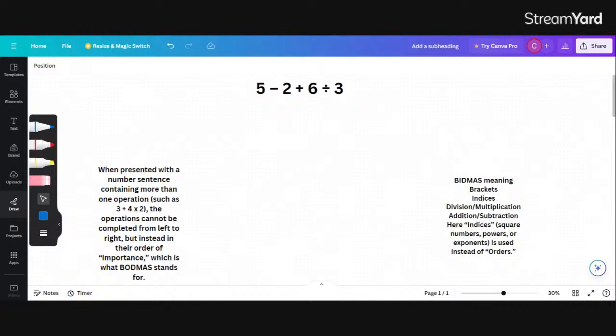But before we go on, just give me a few seconds to get my tools ready.